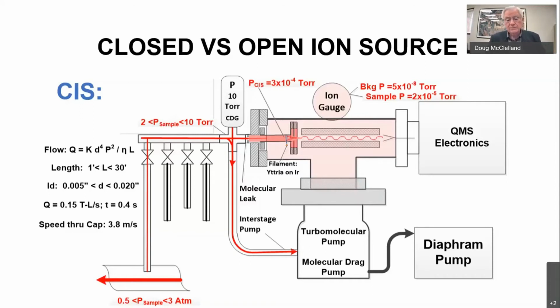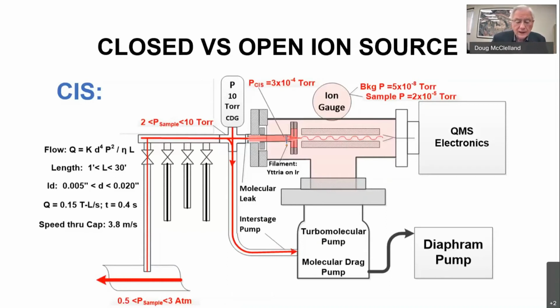So the gas comes up to the 10 torr position, and at that point we have a molecular leak, which is a laser drilled hole through a gasket, and that allows the gas, or a small fraction of it, to flow directly into the closed ion source.